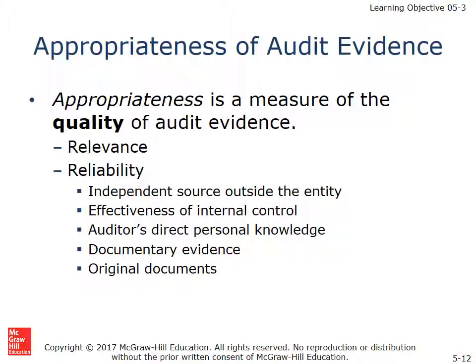And then reliability. Can you rely on it? The more independent it is from the company, the more you can rely on it. So an independent source outside the entity, like a bank statement, a confirmation from a customer, or a confirmation from a supplier, is more reliable.